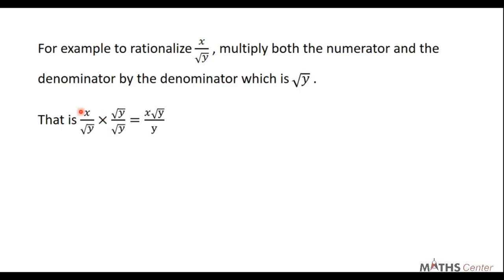So you multiply x by square root of y, and you multiply square root of y by square root of y. So we are going to have x times square root of y, which will give us x root y, divided by, now square root of y times square root of y will be y. So you see we have removed the square root from the denominator. That is the whole idea of rationalization.